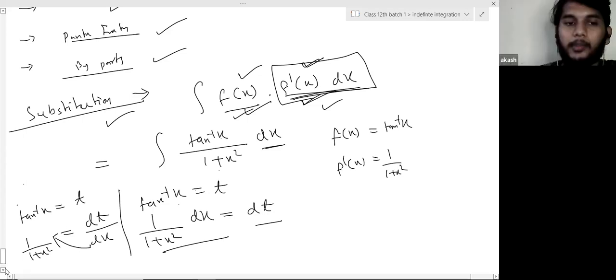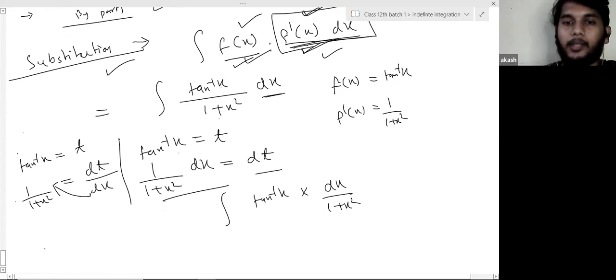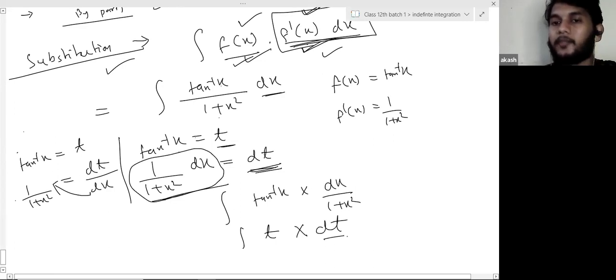So now substitute tan inverse x in place of this. So this I can write tan inverse x into dx upon 1 plus x square. So tan inverse x, we have put t, into dx upon 1 plus x square is dt. And if you remember, I told you this is called differential, with respect to what you want to integrate.